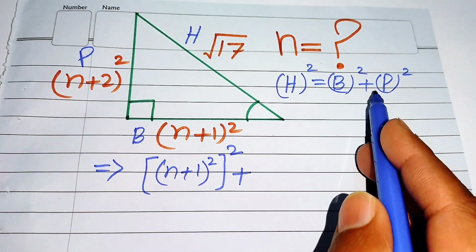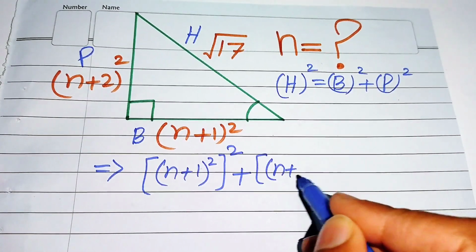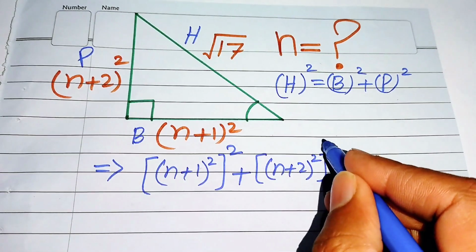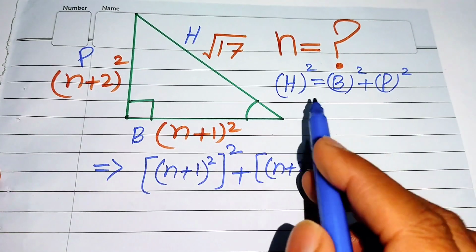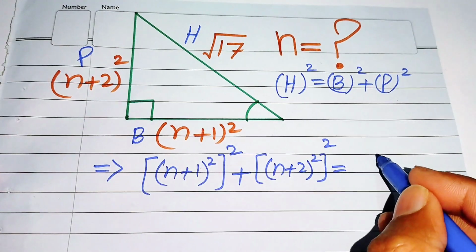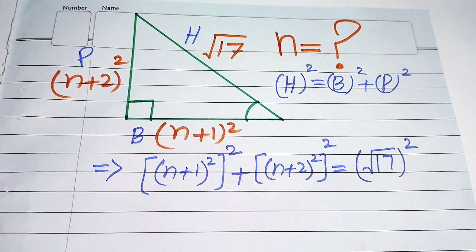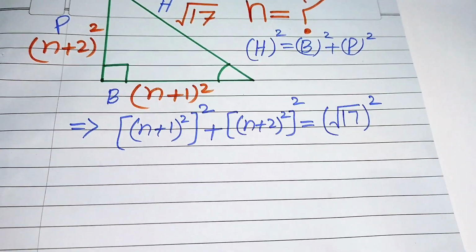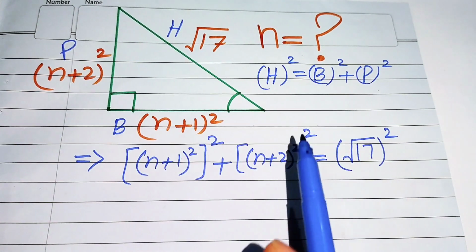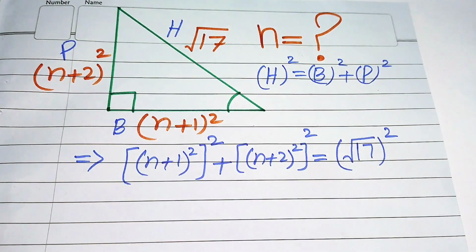In the next step we solve this equation and find the value of n involved in this side length.